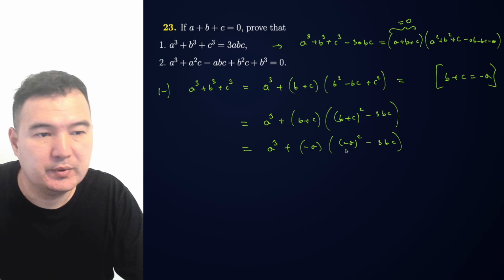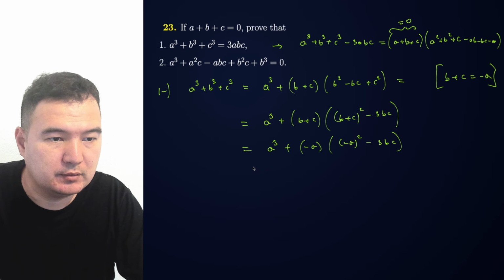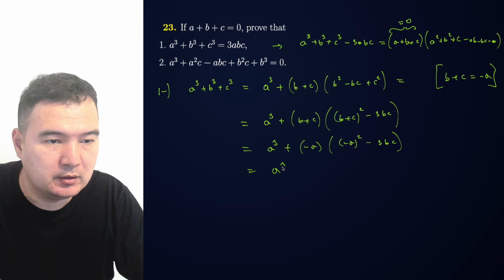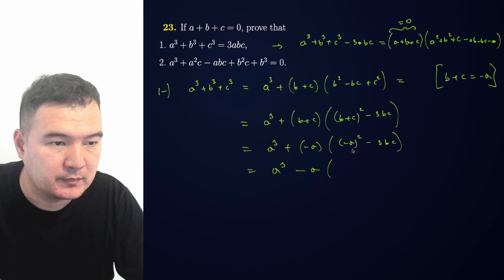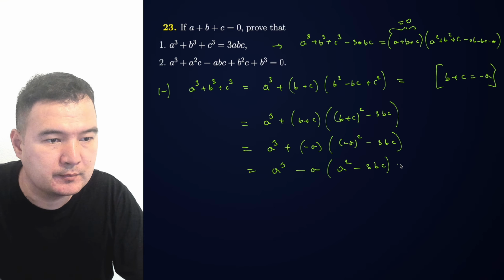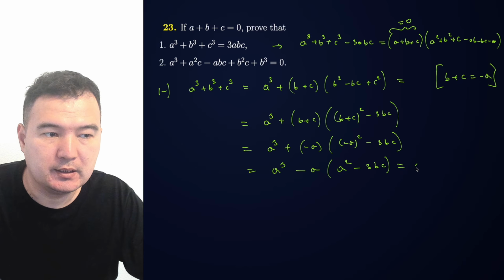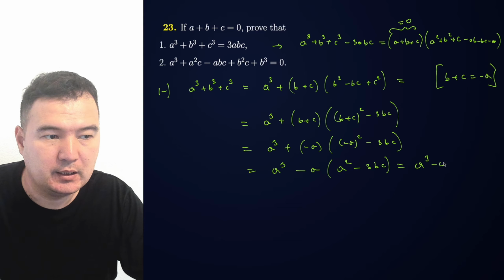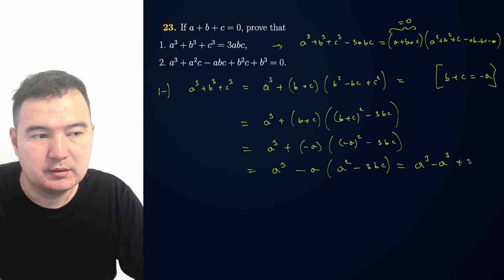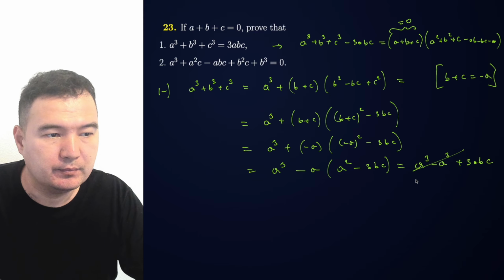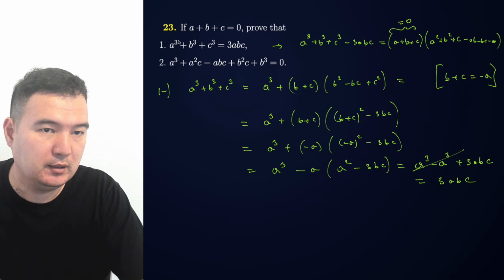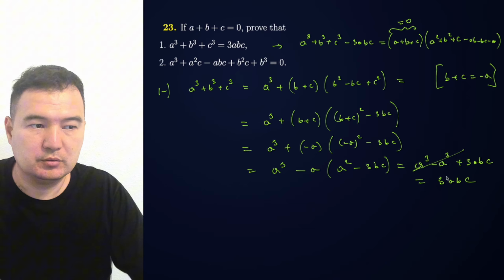Now just open the parentheses. So a cube minus a times a squared minus 3bc. Now if I open the parentheses, I get a cube minus a cube plus 3abc. So this is 0. That makes 3abc. So basically, a cube plus b cube plus c cube is equal to 3abc.